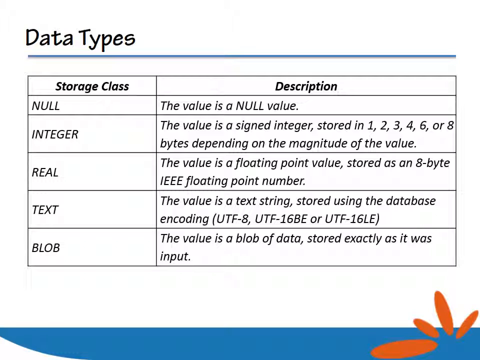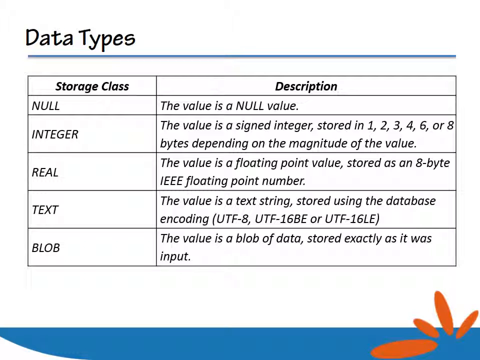The value is a floating point value stored in an 8-byte IEEE floating point number. The next one is TEXT. The value is a text string stored using the database encoding such as UTF-8, UTF-16BE, or UTF-16LE. And lastly the BLOB. The value of a BLOB is stored exactly as it was input.